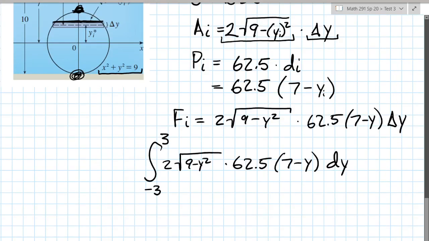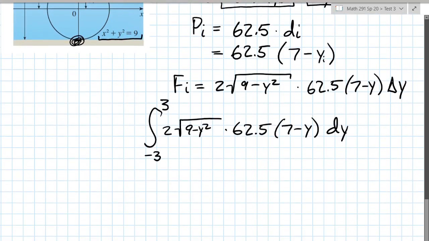This integral is not too bad. We can split it up into two parts, factor out constants, and then also use some symmetry to integrate. So really, we're dealing with these two integrals.